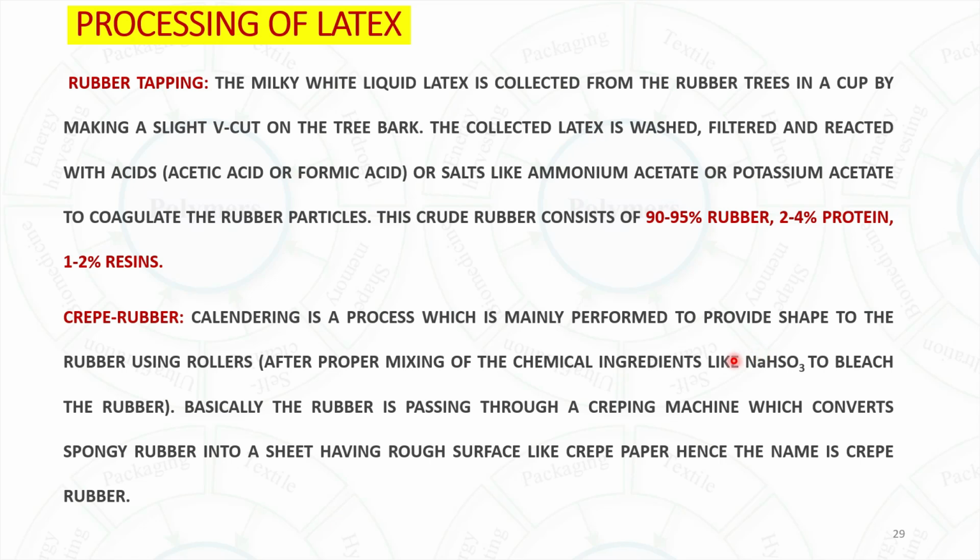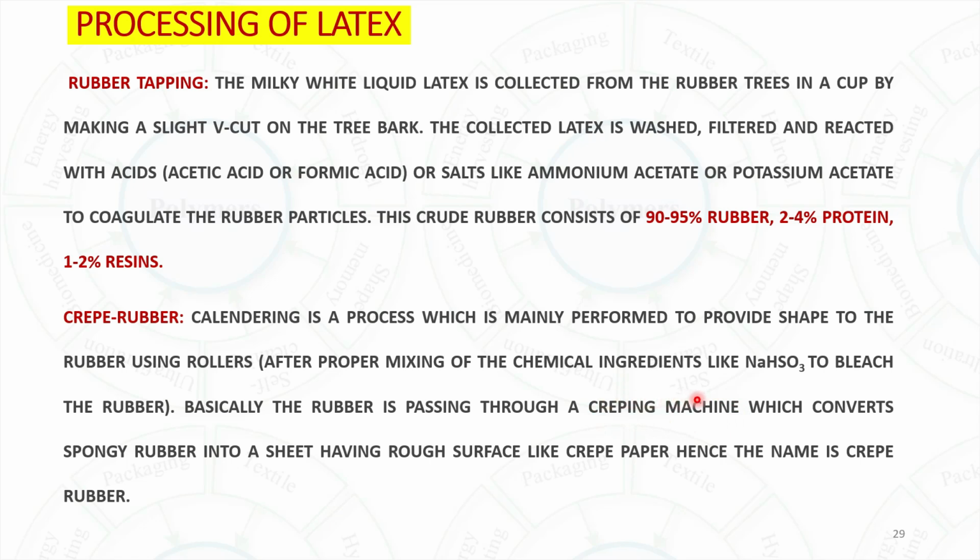So you remove the undesired color from the rubber, you need the sodium bisulfite, and after that process you will do the calendering. That means you will convert those particles into the desired shape, whether circular shape or rectangular shape or sheets, all these things you will do. Basically, in the calendering process your rubber is passing through the creping machine.